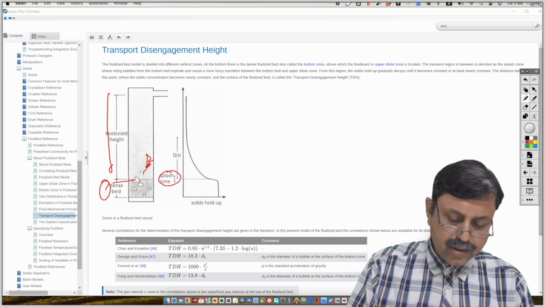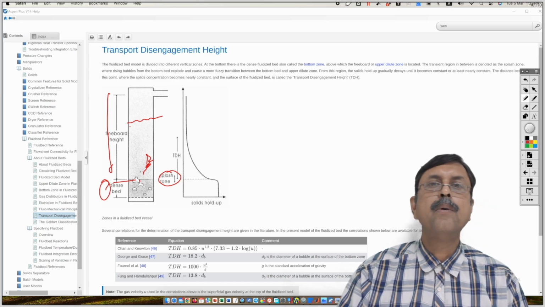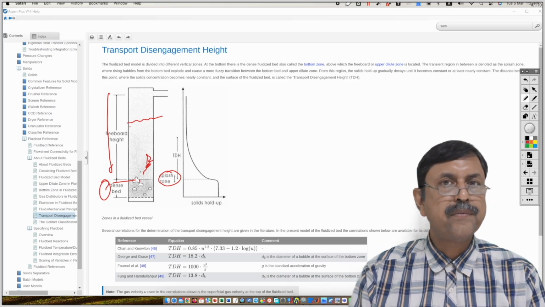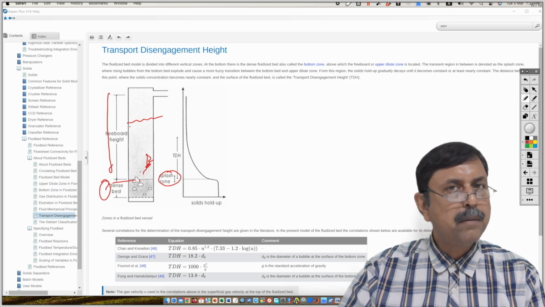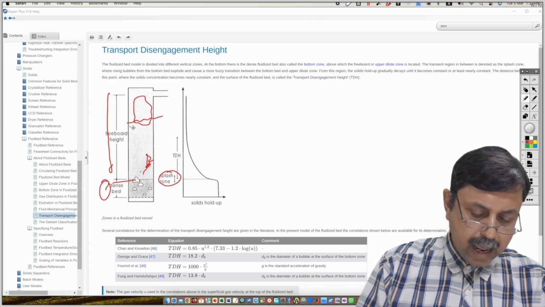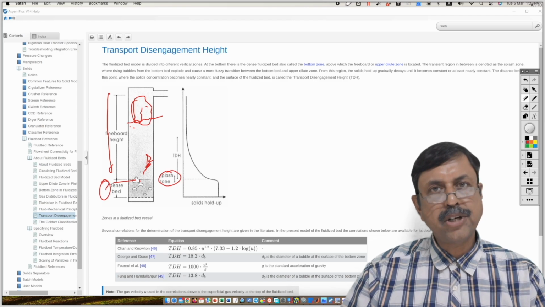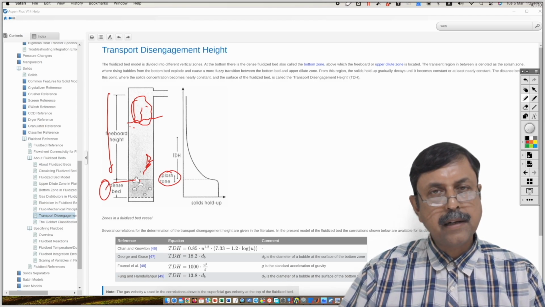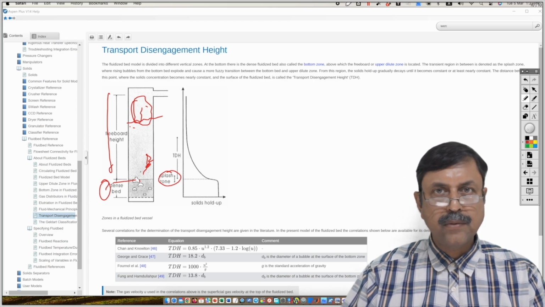And this fuzzy transition will end at some point over here where the concentration of solid particles in the gas will be constant. So in this entire region above that, the concentration of particles in the gas phase will be constant.